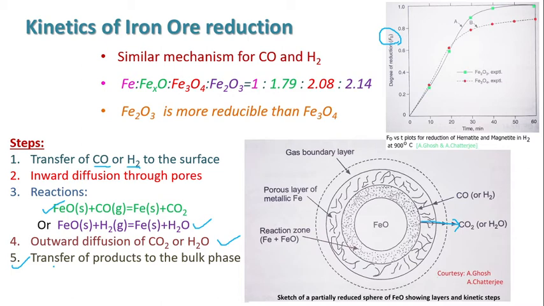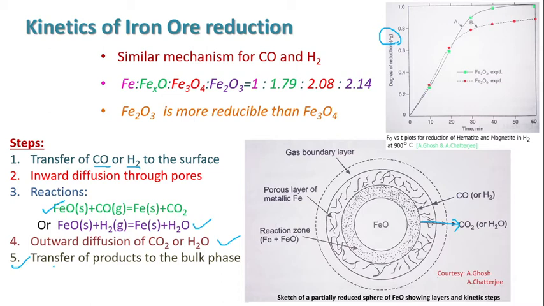So what is our objective? The objective of our kinetic study is to find out the rate controlling step, that means the slowest one among these steps, so that we can increase the rate of reaction by controlling that step. But various investigations reveal that all these steps are comparable.